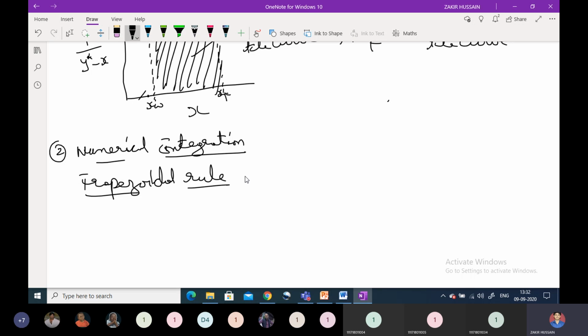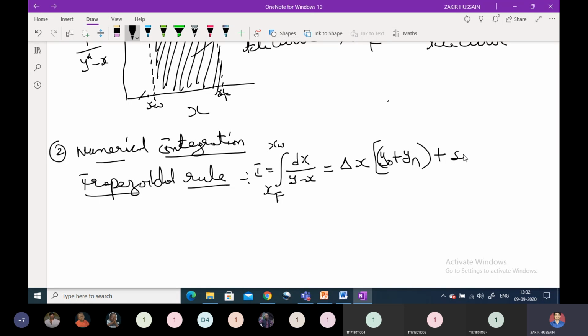So the trapezoidal rule is nothing but this: if you consider the integral I is equal to the integral from xw to xf of dx by y minus x, then it is delta x into the sum of the first and last point, plus the sum of the remaining y points, up to n minus 1.